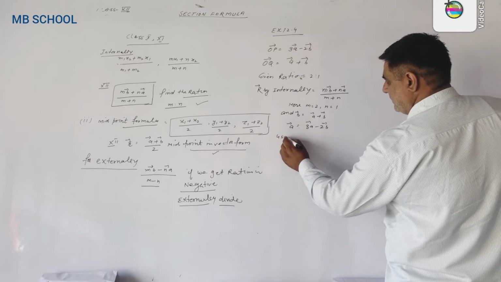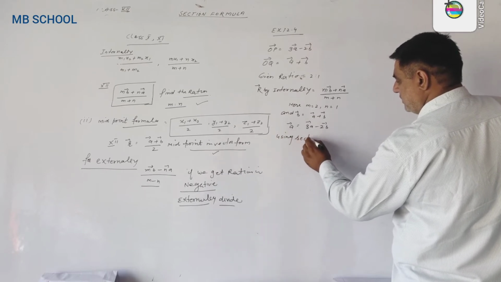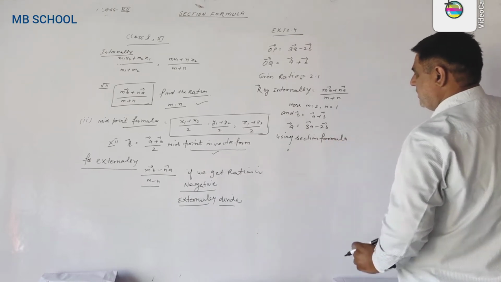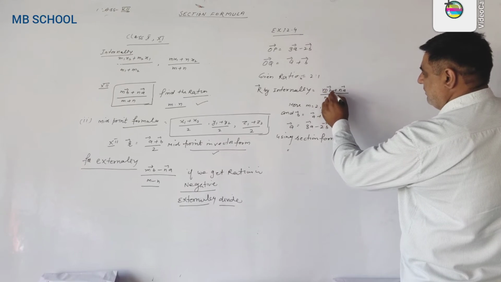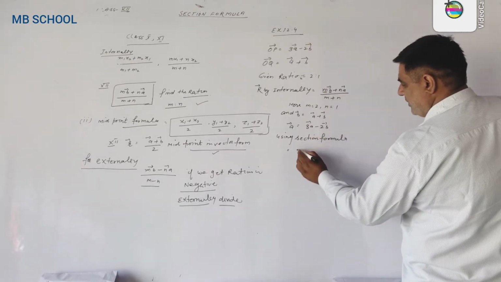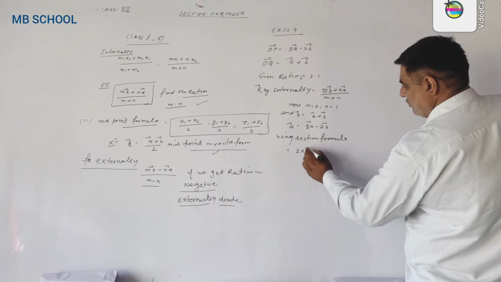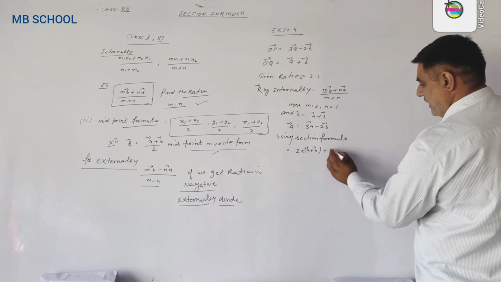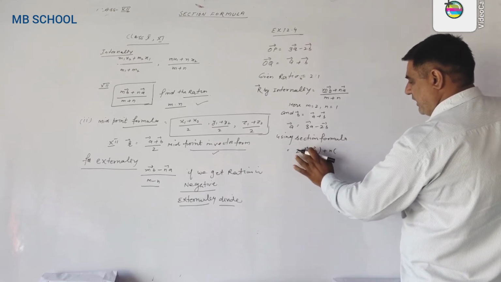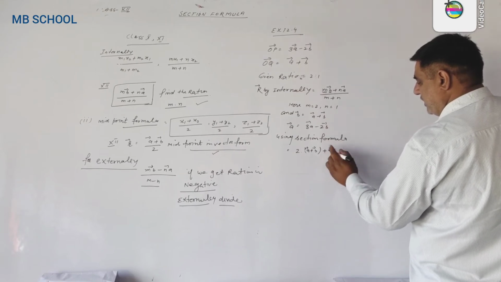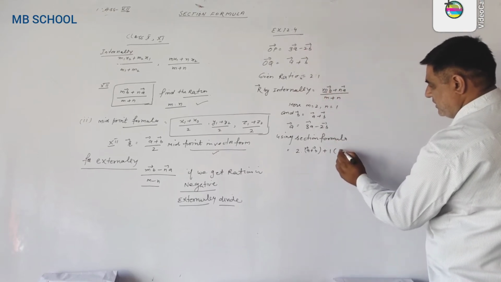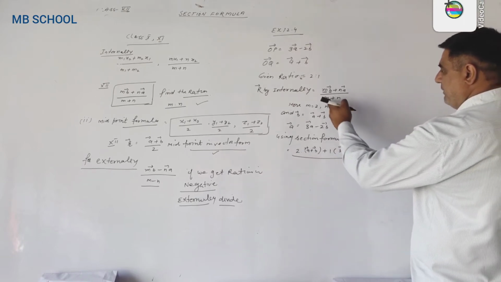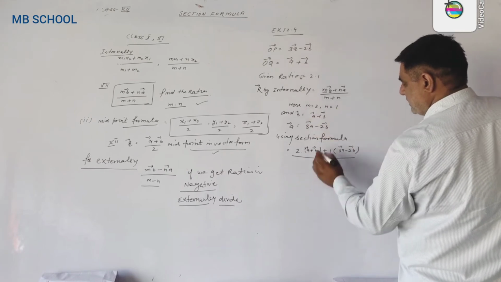Now using section formula, m b means m multiply b vector, means 2 multiply vector a plus vector b, plus n into a vector, where n value is 1, a vector means 3a minus 2b, by m plus n, it means 2 plus 1.